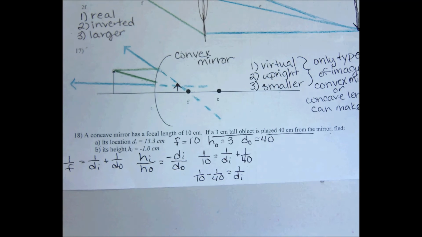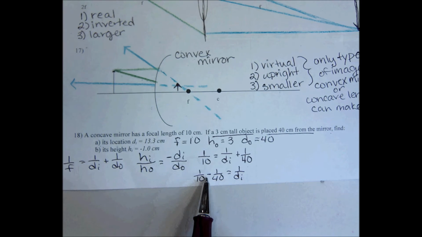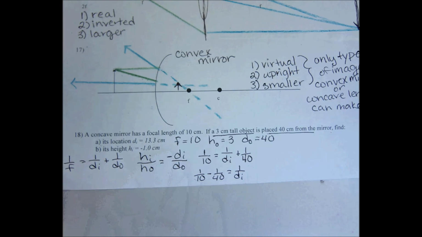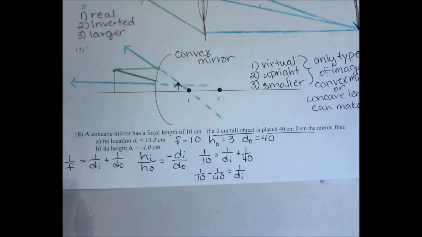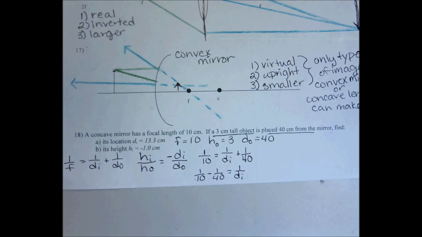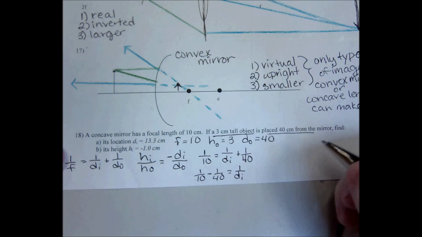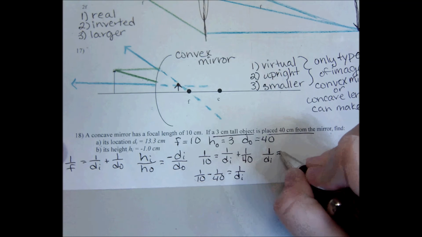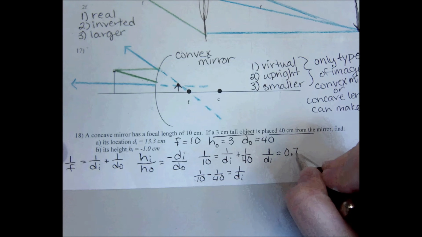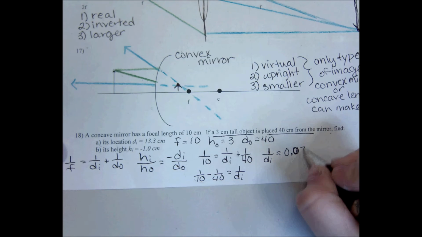There are multiple ways to go about this. With these numbers, it would be easy to find a common denominator and do it that way, but that's not always going to be true. So I'm just going to do it by plugging it into my calculator. So 1 over 10 minus 1 over 40 tells me that 1 over di is 0.075.